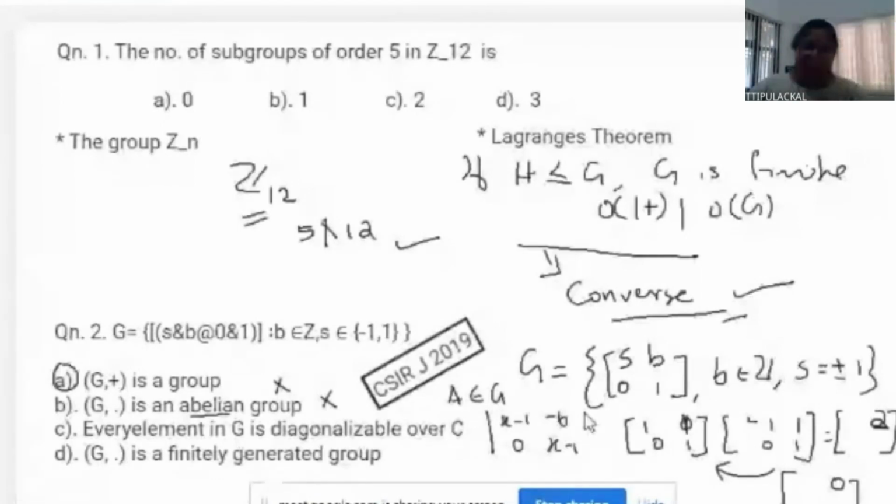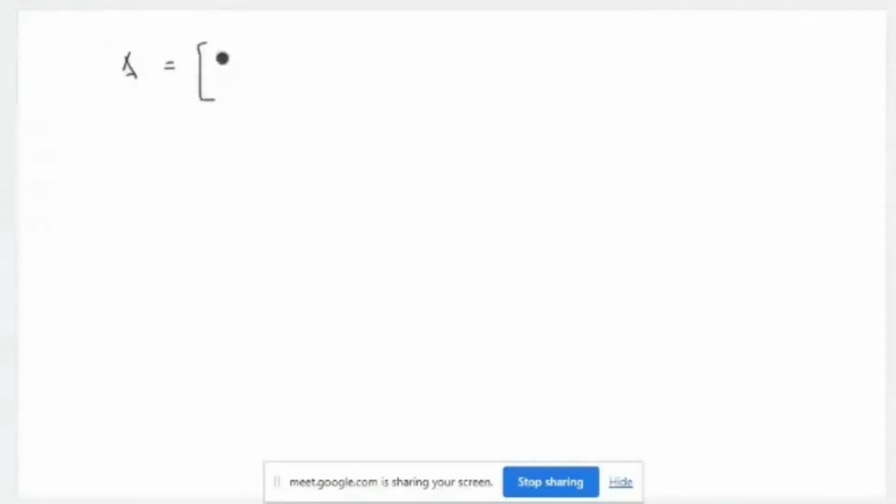Let me write this down on another slide. If we look at A, for example, the matrix 1, 1, 0, 1, you see this is an element of G that satisfies all the conditions. First entry is 1, b is 1.